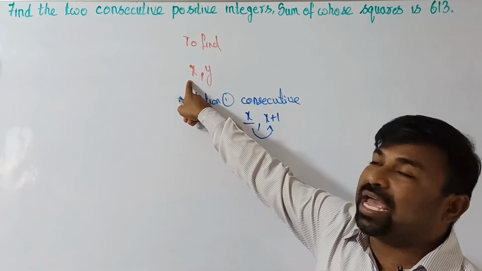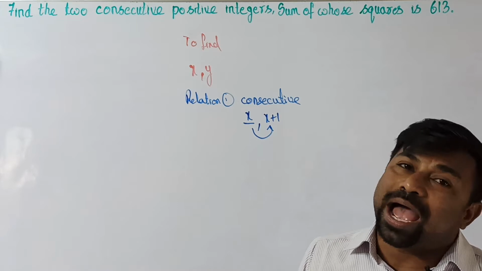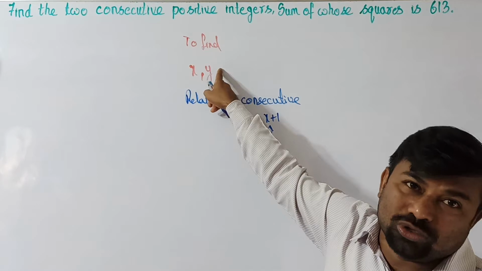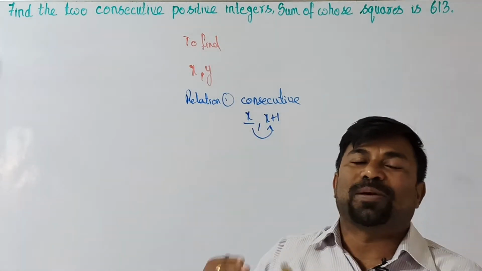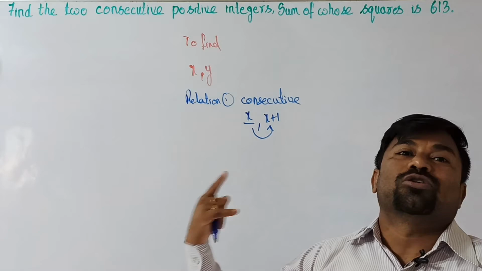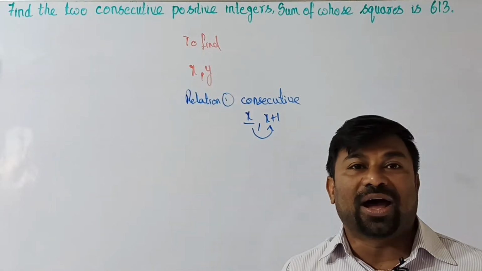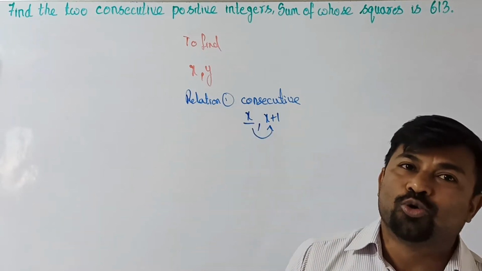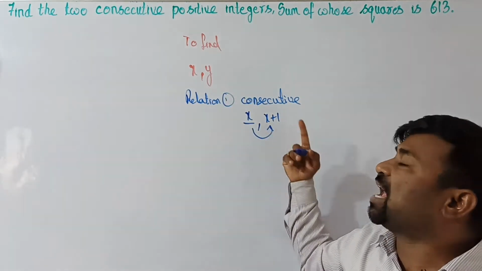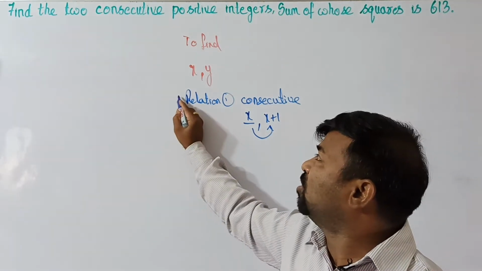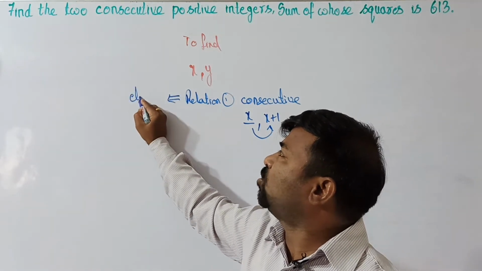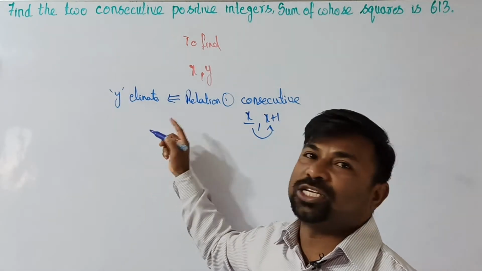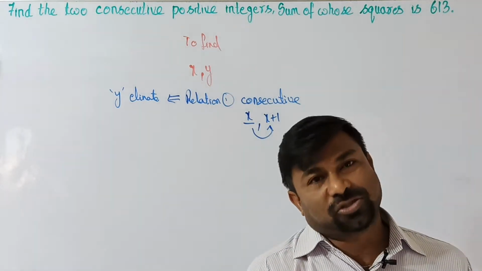We have chosen the two numbers as x and y, so the second number y is nothing but x plus 1. From relation 1, y can be replaced by x plus 1, so relation 1 can be used to eliminate y.